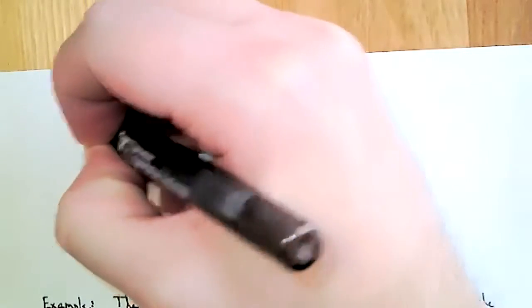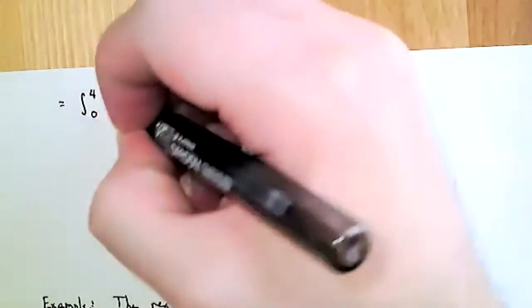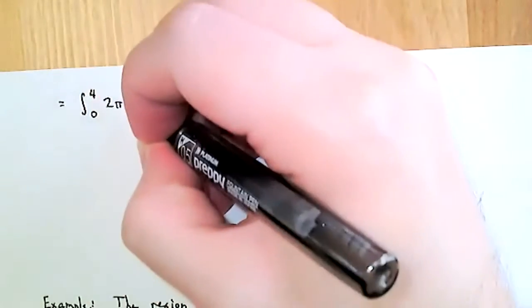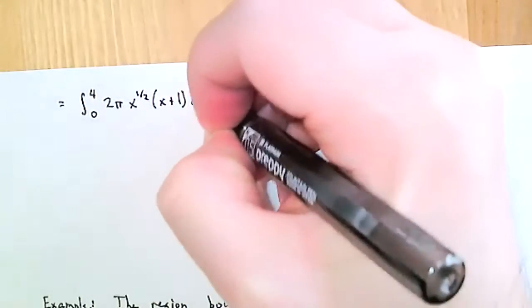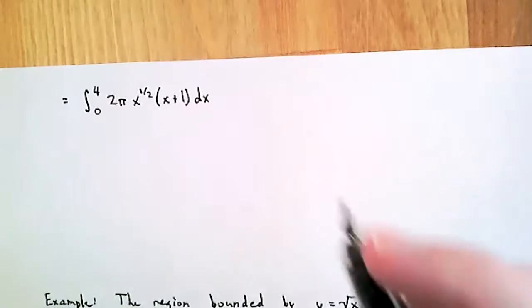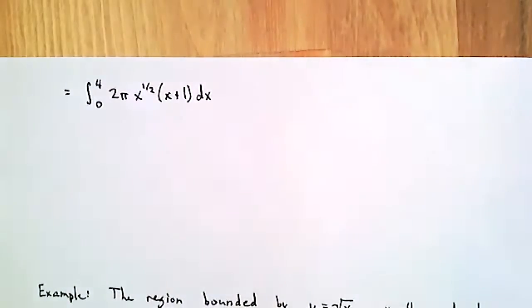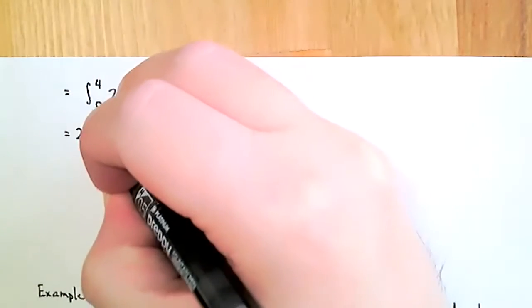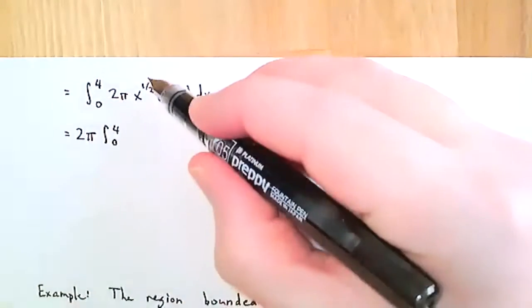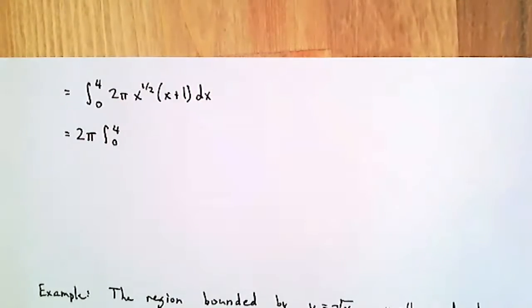Okay, so I'll write that last step down again. We're integrating from 0 to 4, and then 2 pi x to the 1/2 times x plus 1 dx. And your next step will be to probably pull the 2 pi to the front, since it's a constant, and then distribute x to the 1/2 into the parentheses.